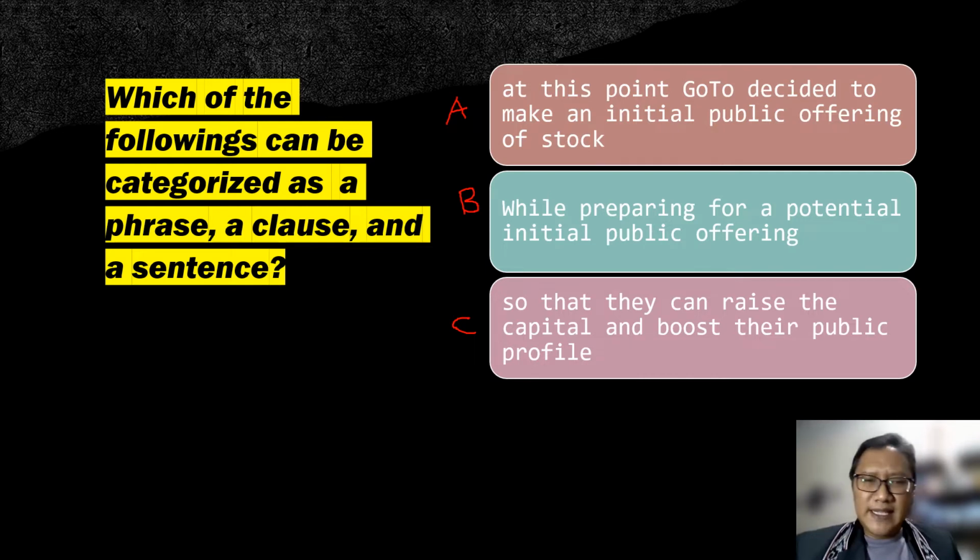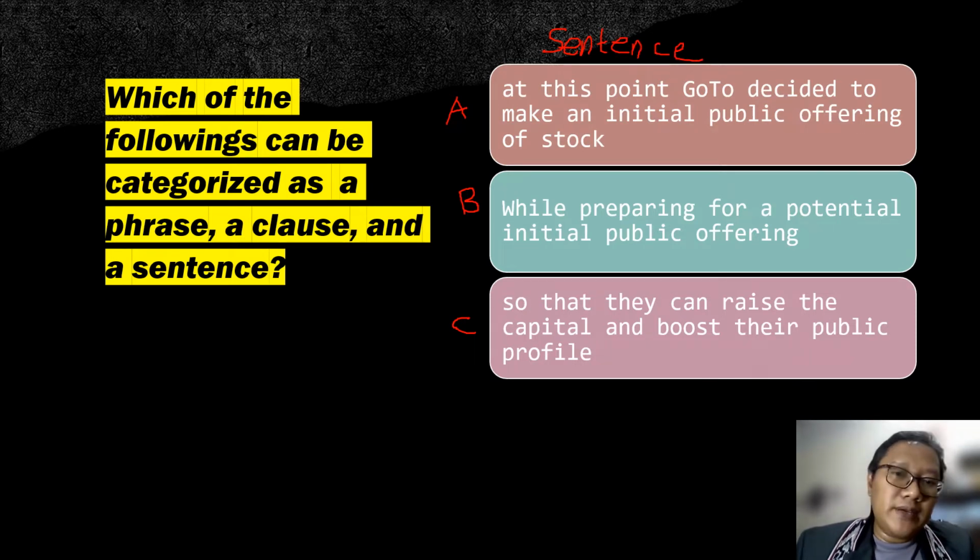Okay, so what is a phrase, clause, or sentence? At this point, GoTo decided to make an initial public offering of stock. Well, if you answered A as a sentence, you are correct. What about B? While preparing for a potential initial public offering.